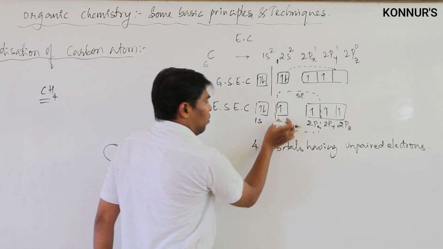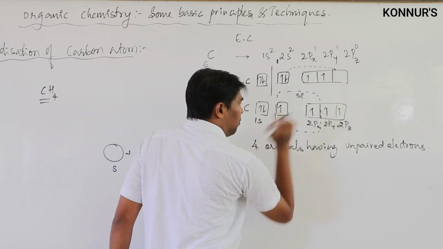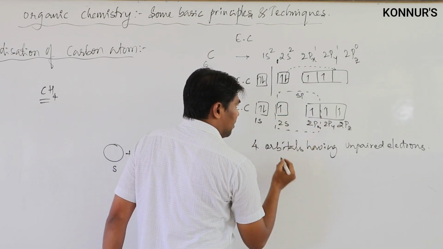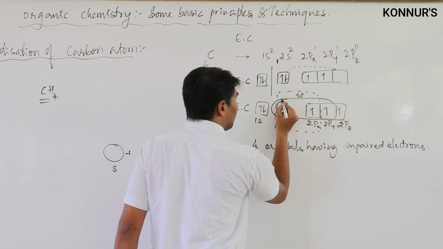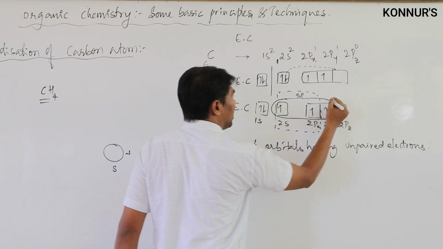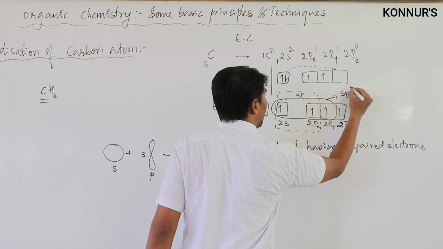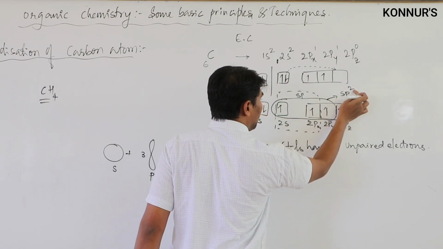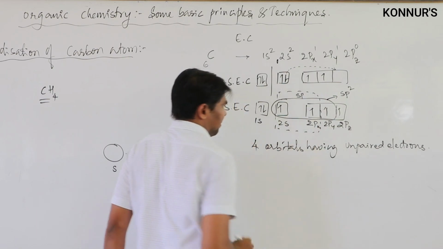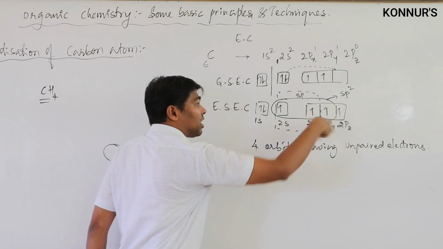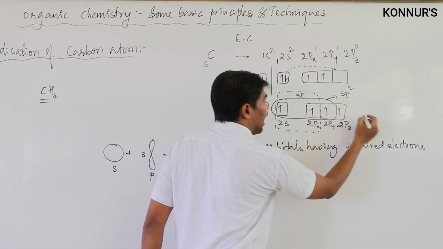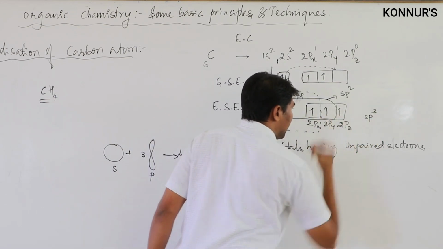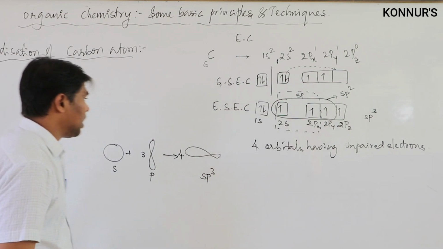If 1s and 2p orbitals are there, that is called sp2. If all the orbitals intermix, 1s and 3p, that is called sp3 hybridization.